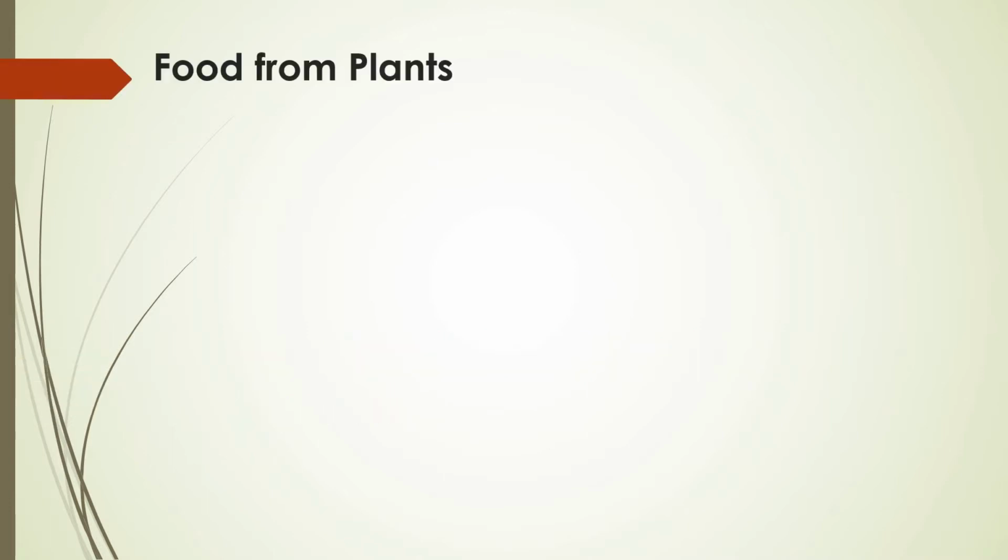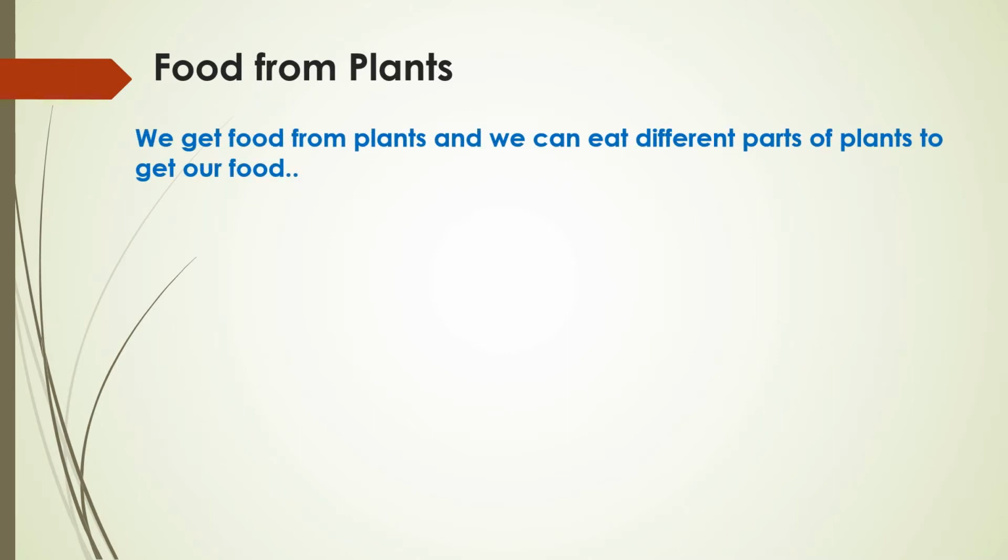Food from plants. We get food from plants and we can eat different parts of plants to get our food. So in our today's class, we are going to discuss different parts of plant that we can use to get our food.